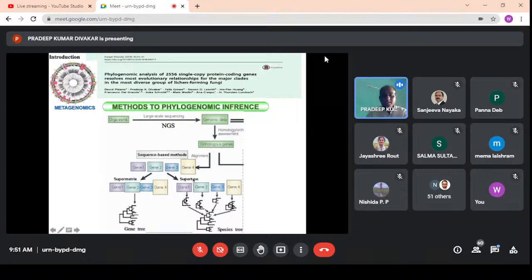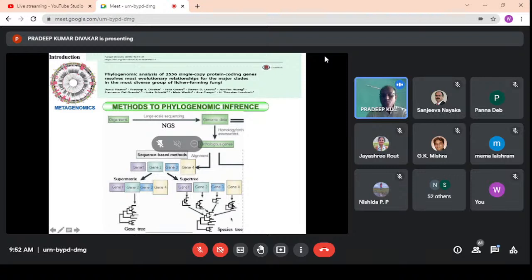Simultaneously, we build a species tree. For the species tree, we have to analyze all the genes independently: gene 1, gene 2, gene 3, gene 4, etc. Once we have the tree of each gene, we do the species tree. Species tree means the most common topology.